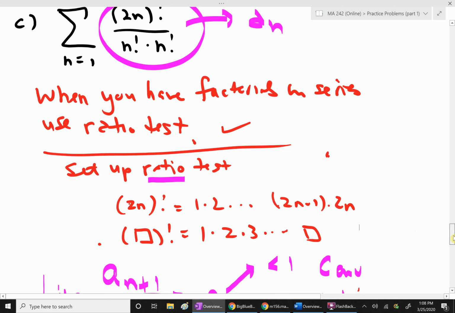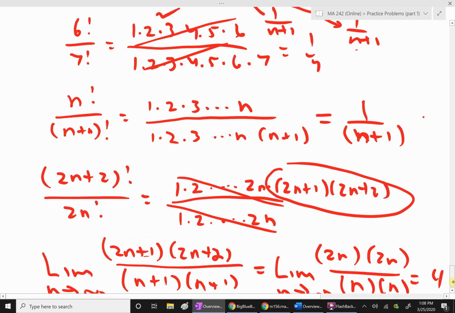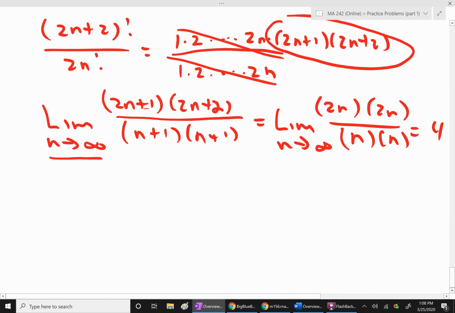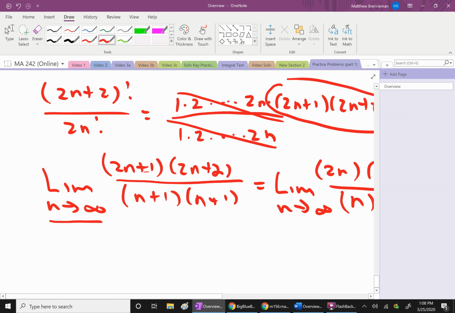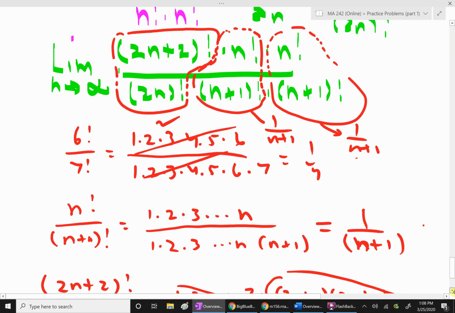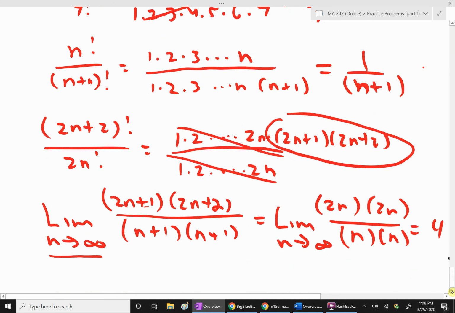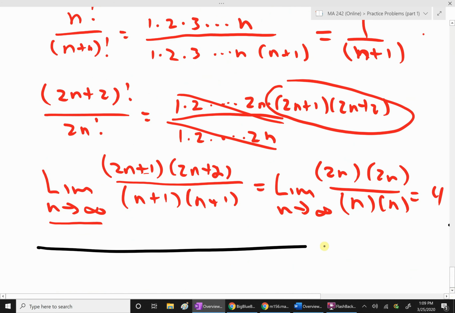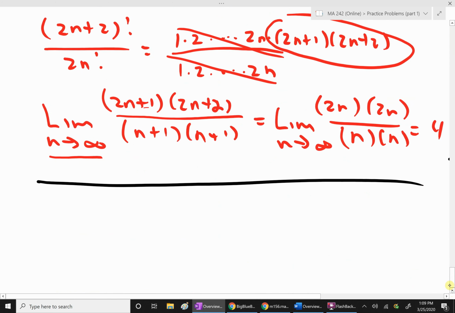Okay, so our fourth problem in the handout. This is D. So we want to look at whether or not the following series converges.